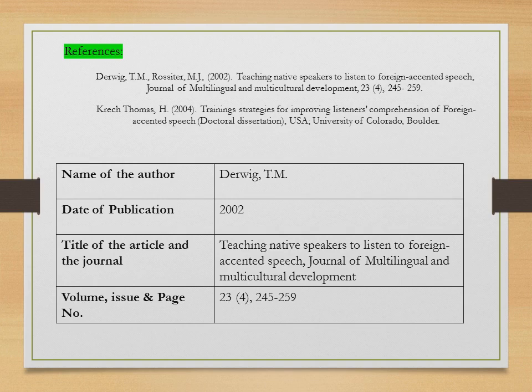So you can see there, Teaching Native Speakers to Listen to Foreign Accented Speech from the Journal of Multilingual and Multicultural Development. And of course, at the end of that is the volume number, which is number 23. The issue number inside the parenthesis is number 4. And the pages are 245 to 259.